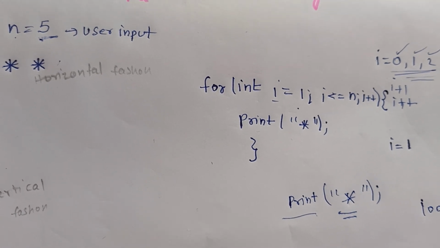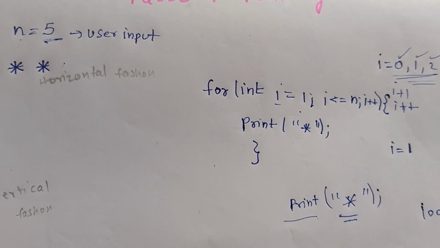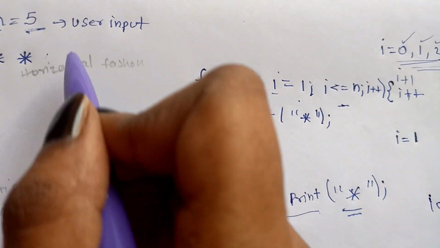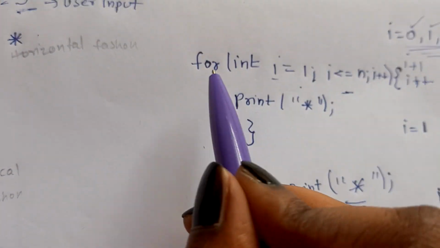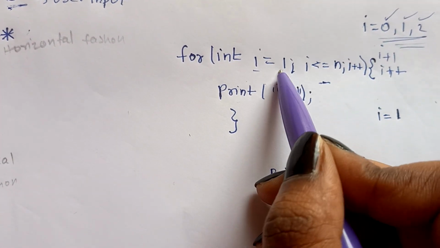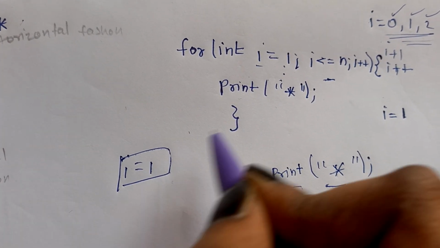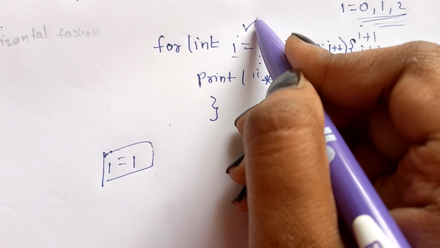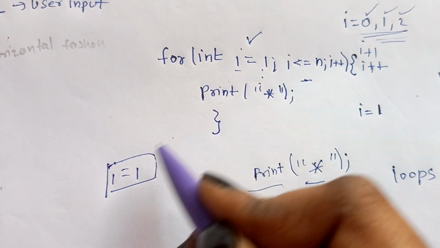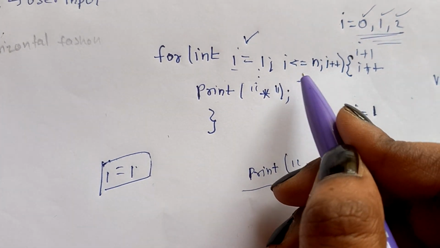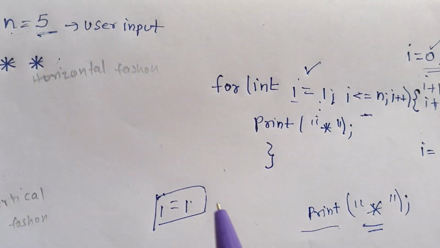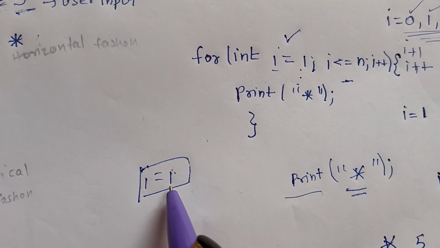If n is 5, you can write I is less than or equal to 5. So we take n as 5. For int I is equal to 1, the first condition is satisfied. Is 1 less than or equal to 5?